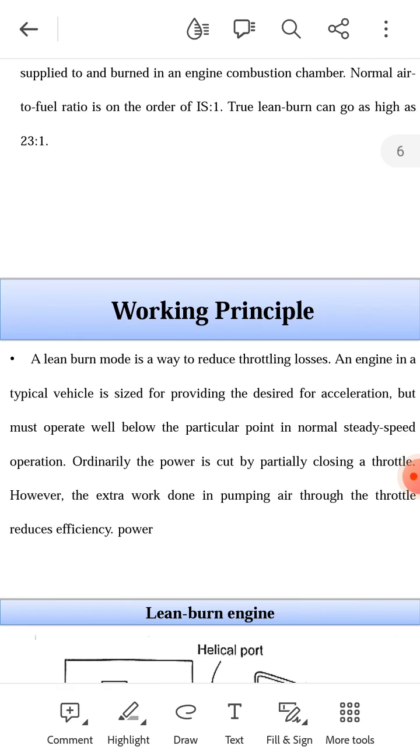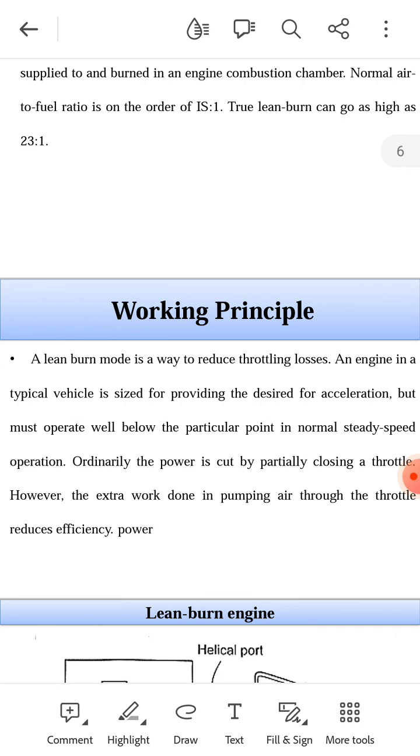Working principle. The lean burn mode is a way to reduce the throttling losses. An engine in a typical vehicle is sized for providing the desired acceleration but must operate well below the peak power point in normal steady speed operations. Ordinarily, the power is cut by partially closing a throttle.